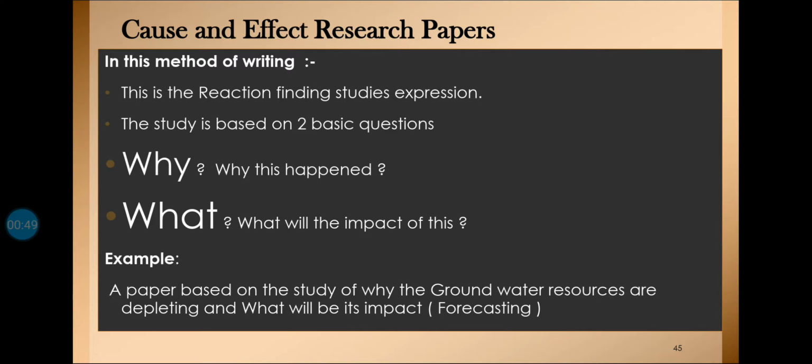So cause and effect. In this method, reaction finding studies are expressed. Now, what do you mean by it? It is the simple aspect that for each and every action there will be an equal and opposite reaction.